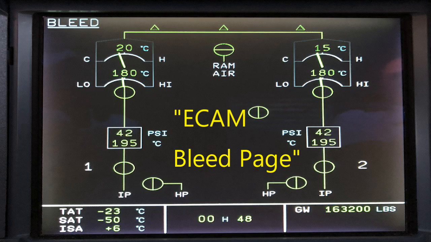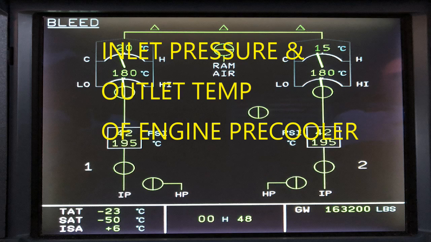And of course that's coming from the SDAC. Now if for some reason the pressure is not available from the SDAC, it's going to show an amber XX instead of the precooler inlet pressure.